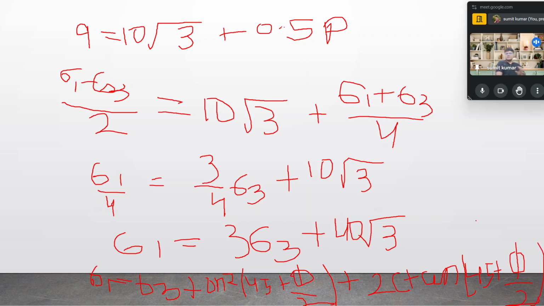Okay, so over here we come to know tan square (45 plus phi by 2) is equal to 3 from this.